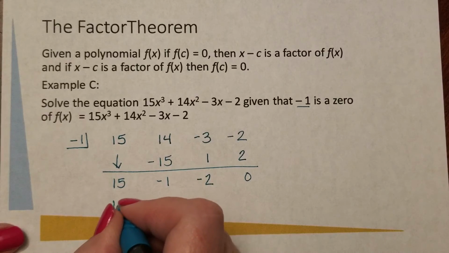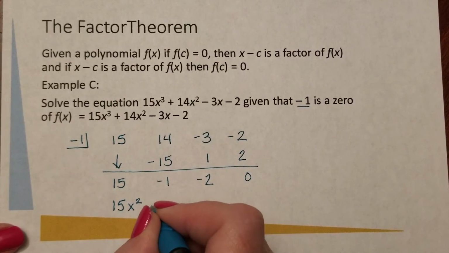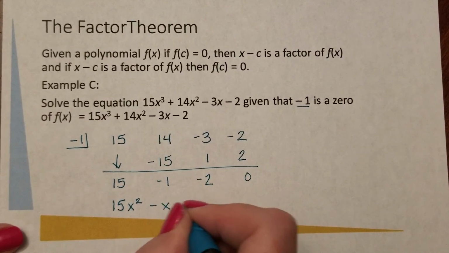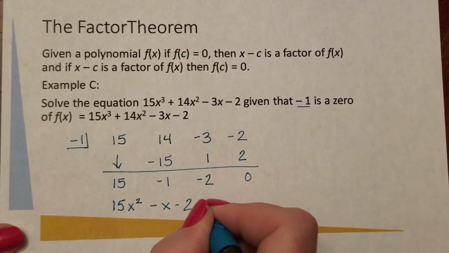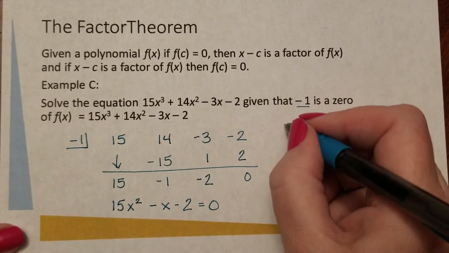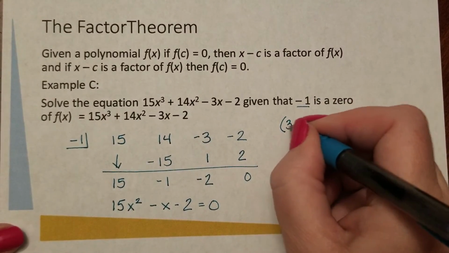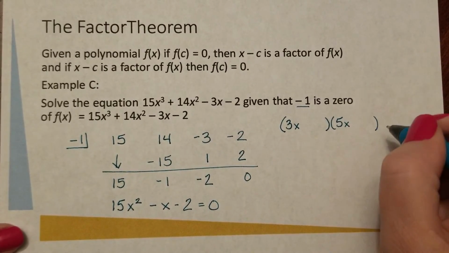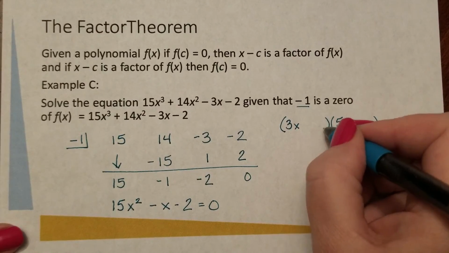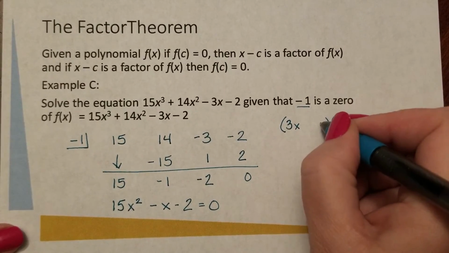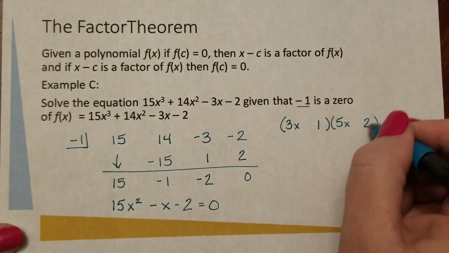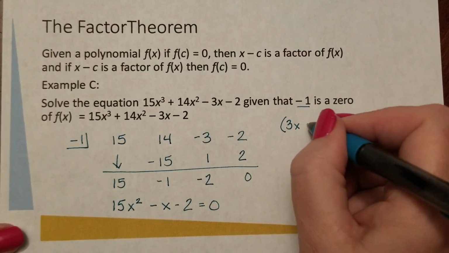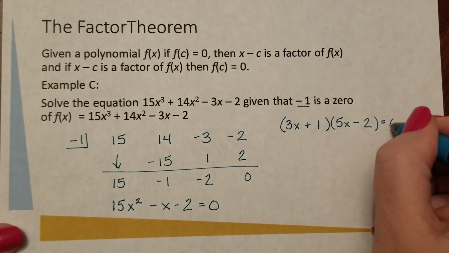So I get 15x squared minus x minus 2. If I set that equal to 0, I can factor that. That's 3x and 5x. And I put a 2 here and a 1 here. That's 6, so that gets the negative, and that gets the positive.